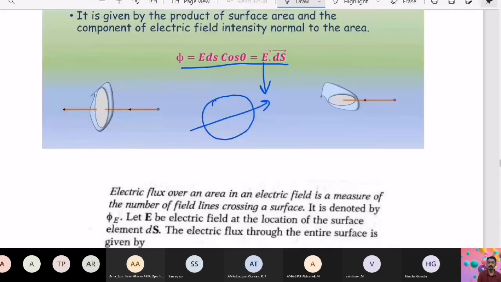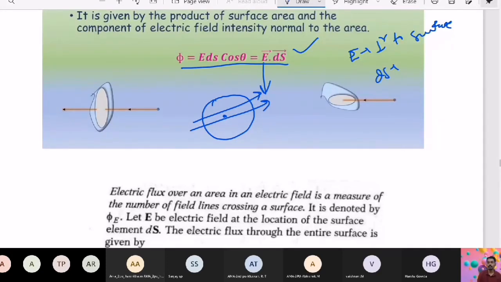You should not consider the field parallel to it; you should consider the field perpendicular to it. So in this formula, E is perpendicular to the surface and dS is some particular surface area. The number of field lines crossing the surface perpendicular to its surface area, we call as what? Flux.